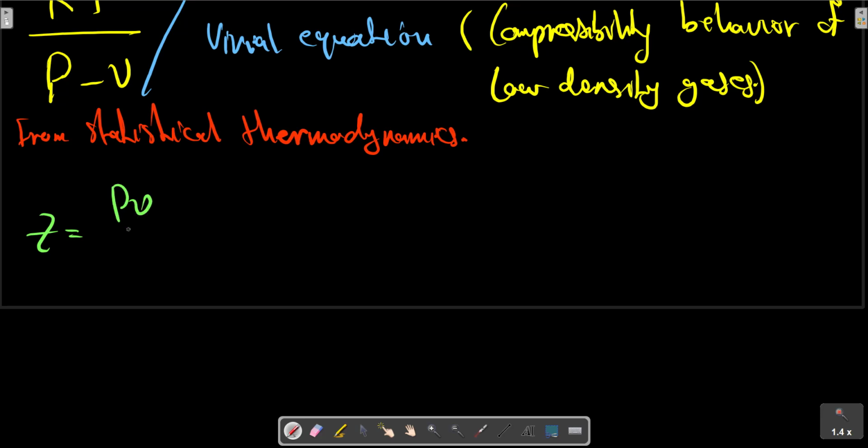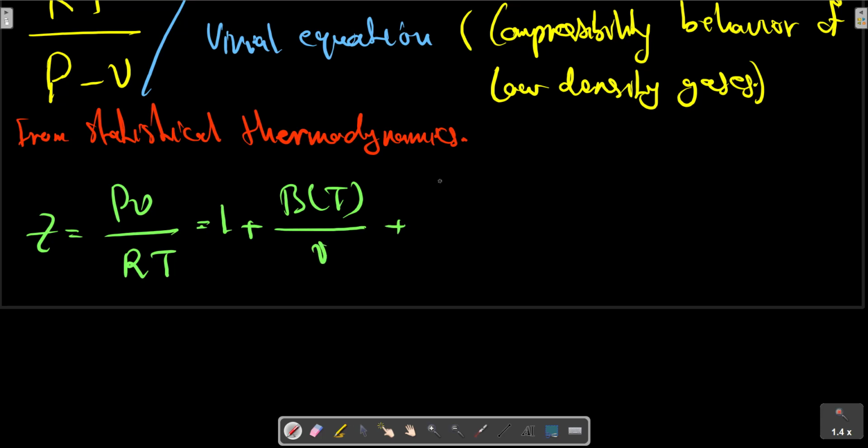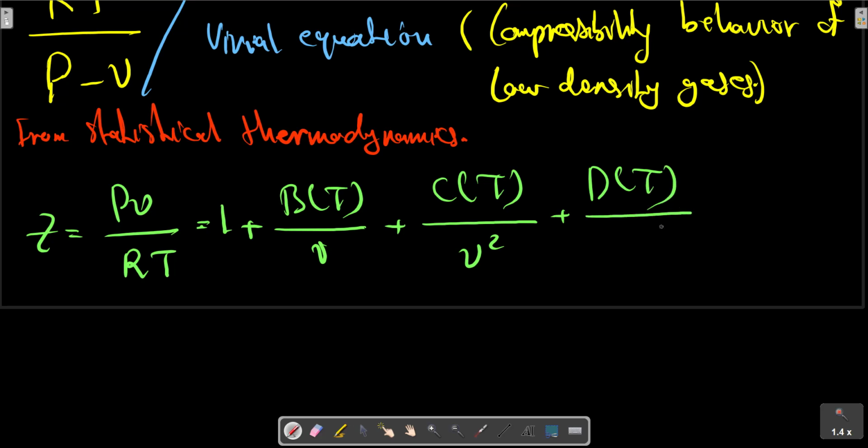Z equals PV over RT equals 1 plus B(T)/V plus C(T)/V squared plus D(T)/V cubed, and so on, where B(T), C(T), D(T) are temperature dependent and are called the virial coefficients.